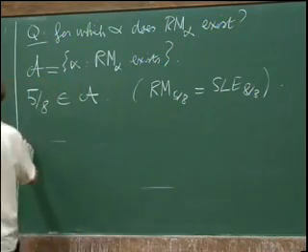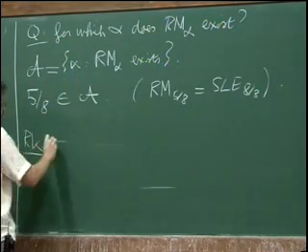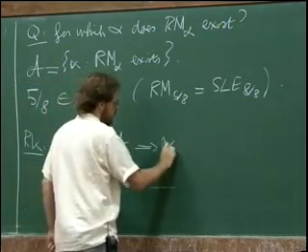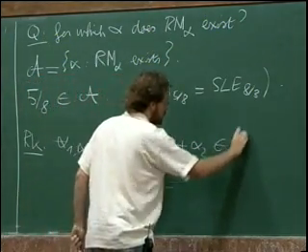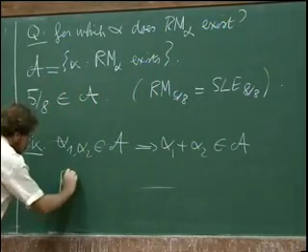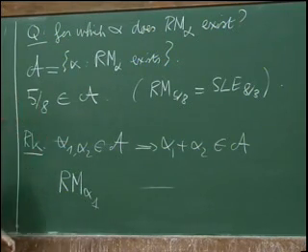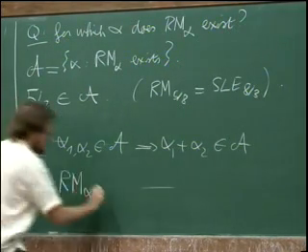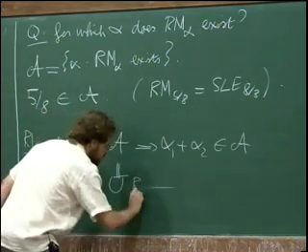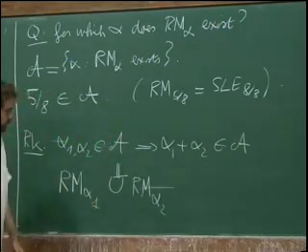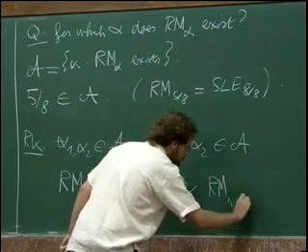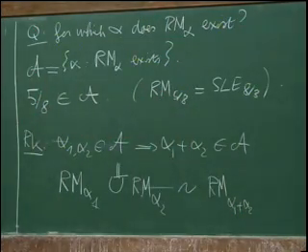So this is a remark. If alpha 1 and alpha 2 are in A, then alpha 1 plus alpha 2 is also in A. That's because if you take a restriction measure of exponent alpha 1, and take the union with an independent restriction measure of exponent alpha 2, this is the same as the restriction measure of exponent alpha 1 plus alpha 2.